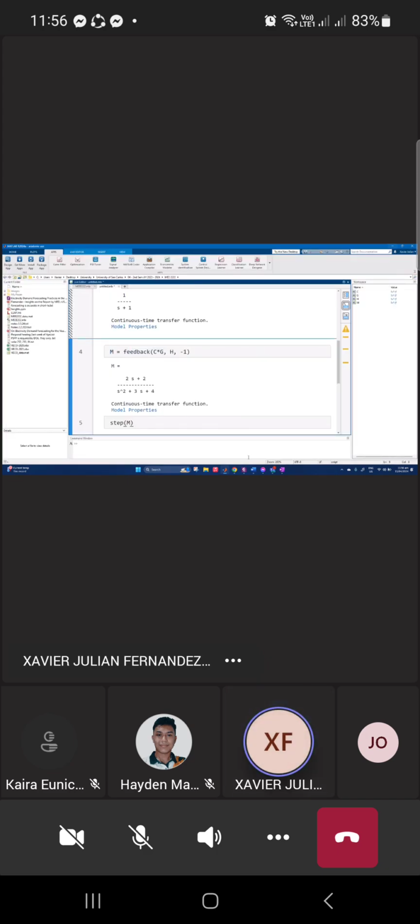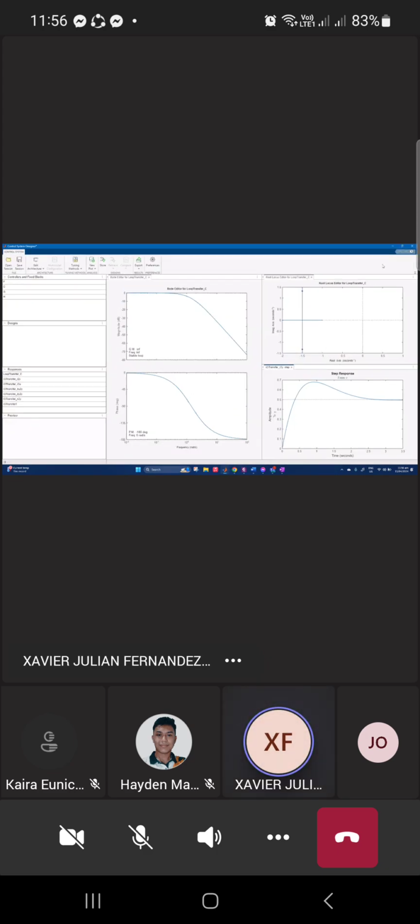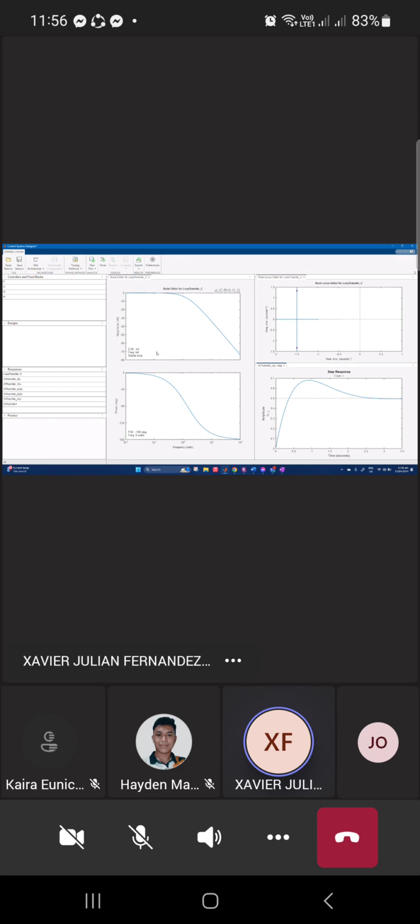Sige. So, please acquaint yourself with this tool because during analysis of feedback control systems, you will use this heavily, especially in the controller design na phase. Okay?